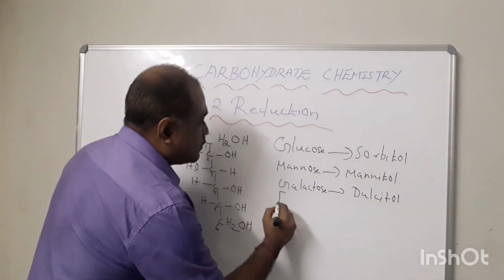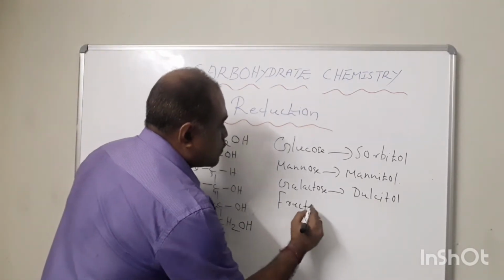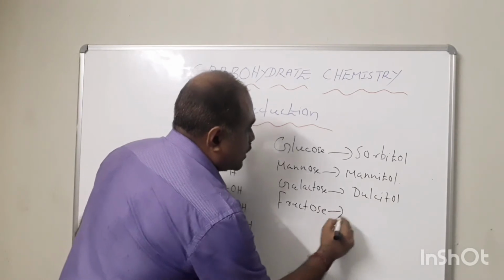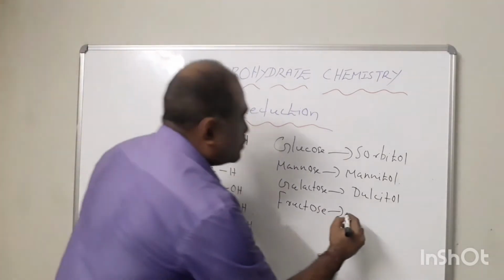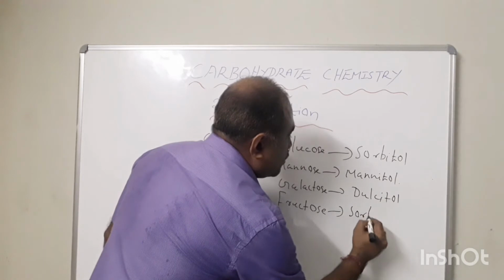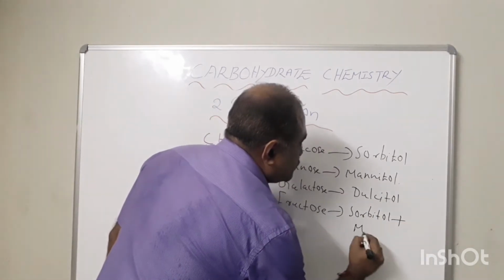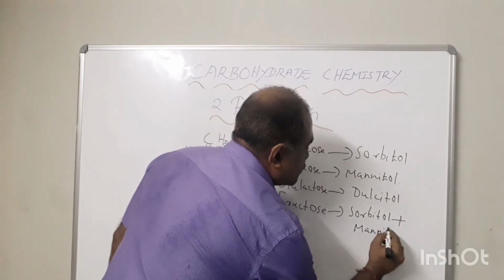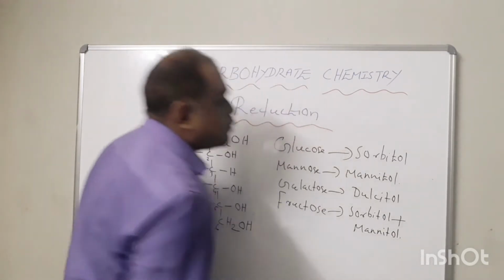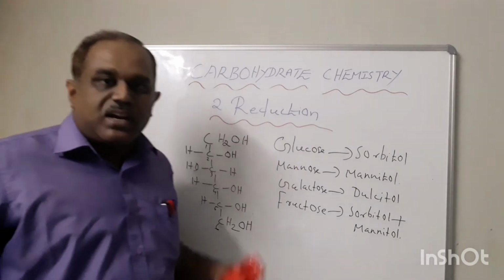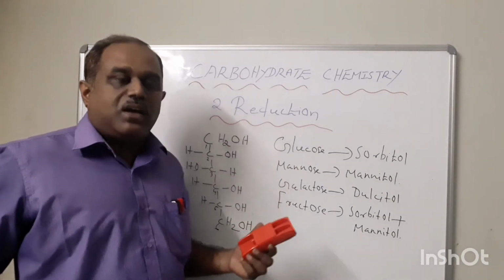Fructose undergoes reduction to give sorbitol plus mannitol. So it gives the corresponding hexahydroxy alcohol.